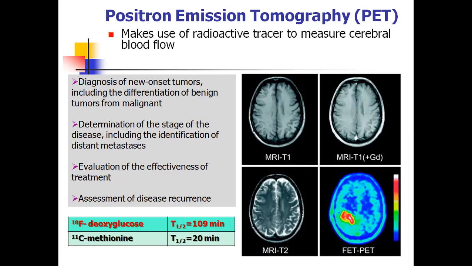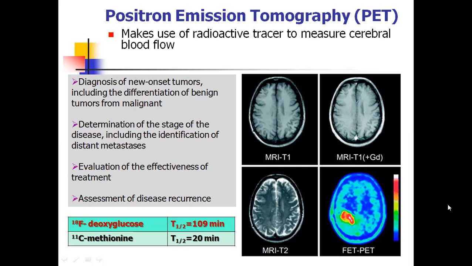The two isotopes most widely used for positron emission tomography of the brain are fluorodeoxyglucose and carbon methionine. The difference between them is in half-life time. You see that for carbon it's very short, so you should hurry to be in time to finish the study.